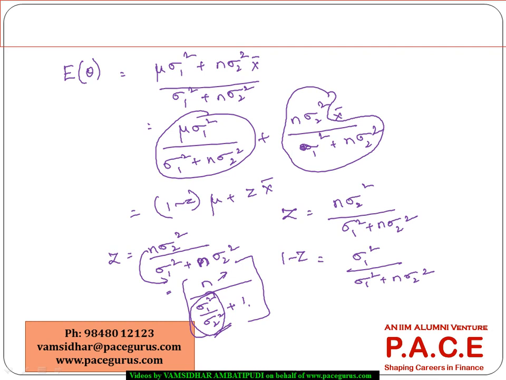So majorly, whether we are looking at a Poisson gamma model or a normal model, the approach that we have used is: first get the prior, then get the likelihood, go to the posterior, and from that posterior go with a loss function, and whatever estimate minimizes the loss function.